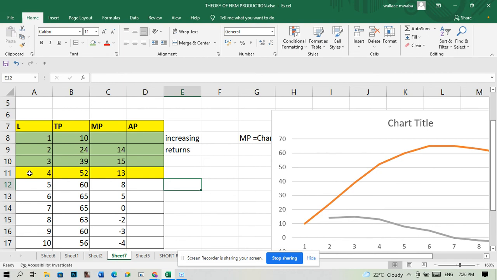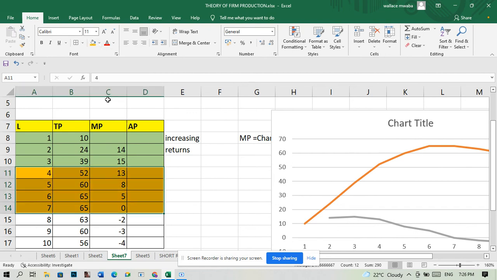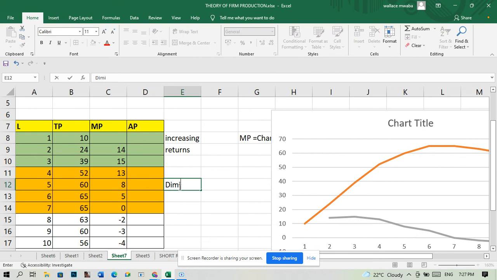So from this section where the law of diminishing marginal returns begins up to here, we'll call this the stage of diminishing returns.